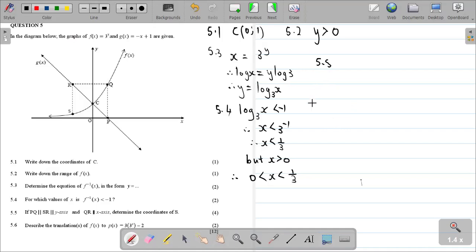5.5. They're saying if PQ is parallel to SR parallel to the y-axis, and QR is parallel to the x-axis, determine the coordinates of S. What do we do here? We know that g of x equals -x plus 1, so we can substitute the y value here.